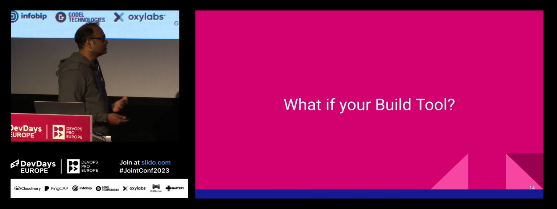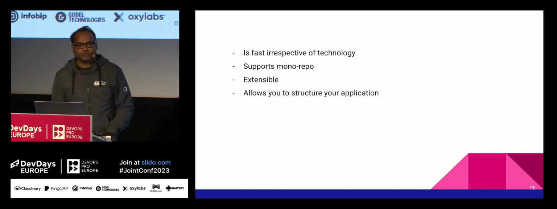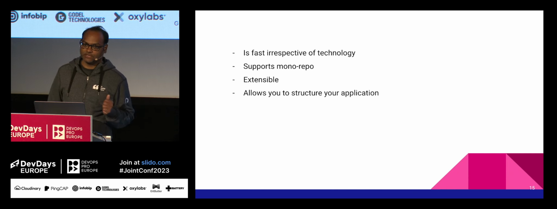It supports monorepo. That's not the goal, but it supports monorepo in case you want to use it. It's extensible. What do I mean by extensible? I can bring my own tool as well. If you have any internal framework, internal tool, you can actually add that as part of this tool. It also gives you a proper way to structure your application.